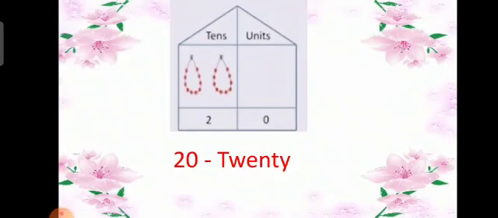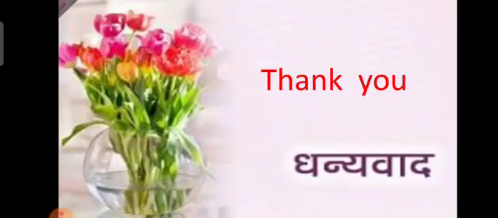Now here in the houses of tens and units, we are going to draw two strings, 2 tens plus 0 units. One string means 10 units, so two strings mean 20 units, and 20 units means 2 tens. 2 tens means 20. What is the spelling of 20? TWENTY, 20. Okay, we will see the next part of this lesson in the next class, that is, the worksheet of this lesson.